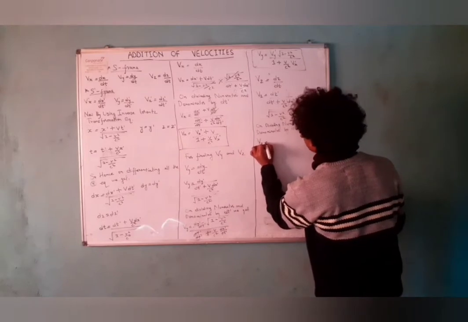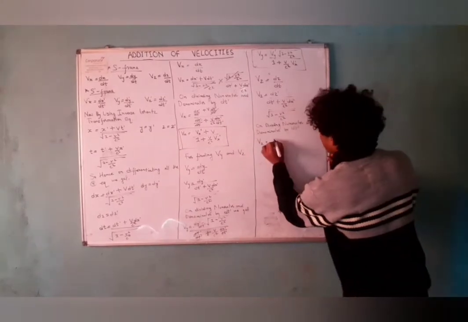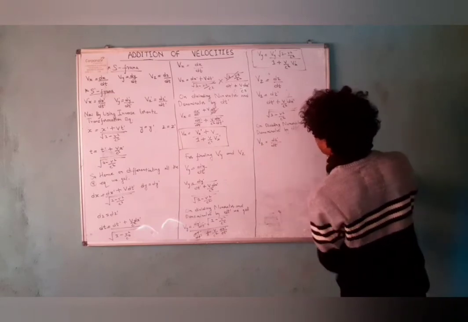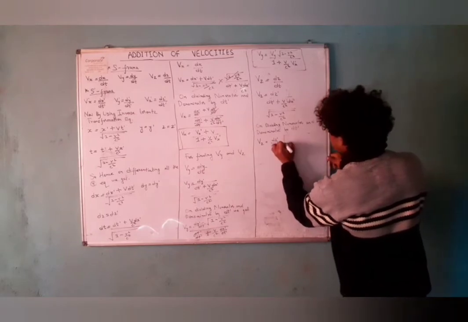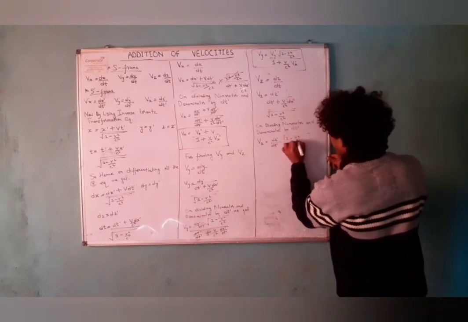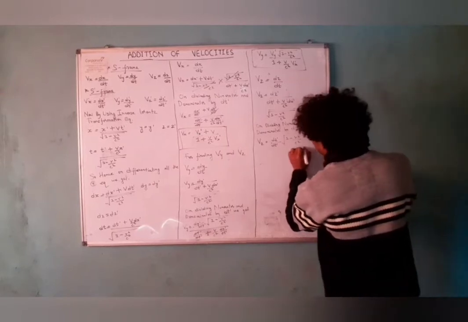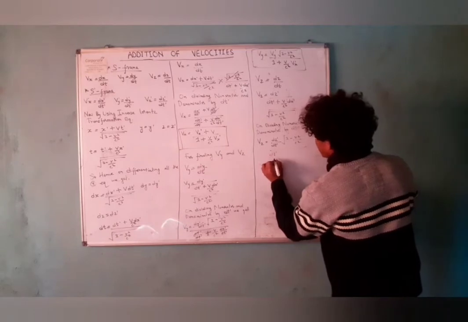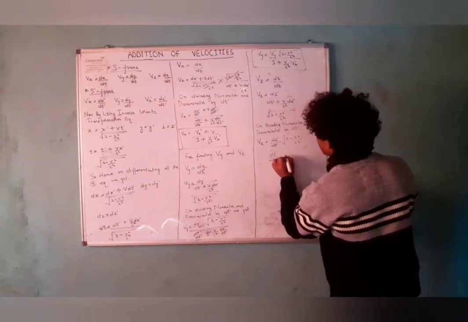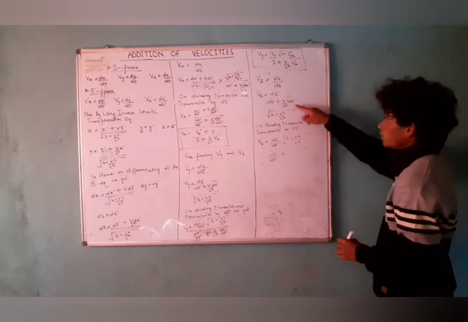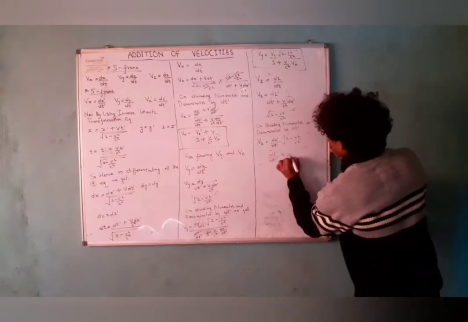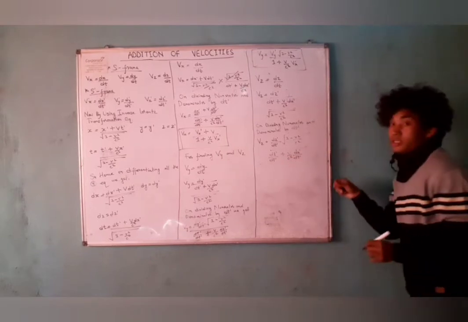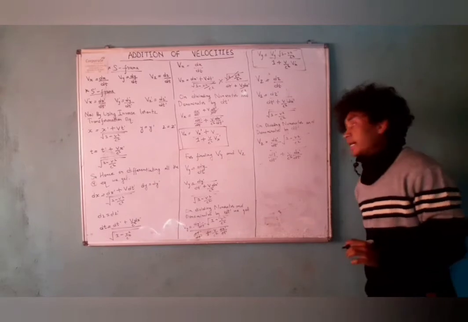Vz equal to dz prime by dt prime into root over 1 minus v square by c square, divided by dt prime by dt prime plus v by c square dx prime by dt prime. So here we have divided numerator and denominator by dt prime.